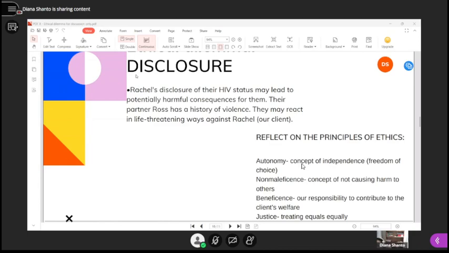C'est-à-dire si Rachel divulgue sa séropositivité, il y a un risque parce que Ross est violent.